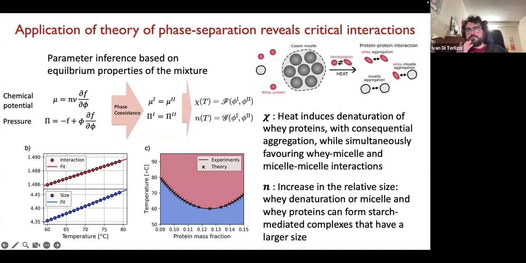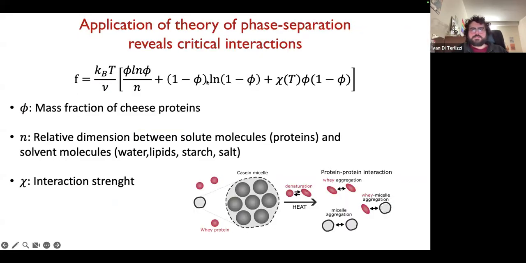By the way, this might be wrong. This is very funny, you know, this thing about physicists, that we tend to overuse the harmonic oscillator to describe everything. Well, we do it because it works. But here, let's say this is the harmonic oscillator of a phase separation.